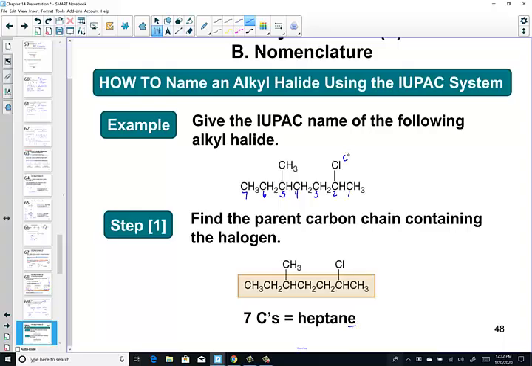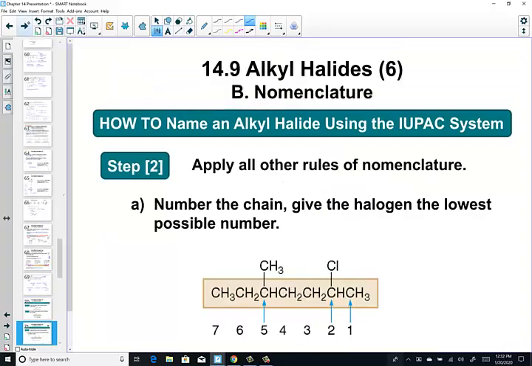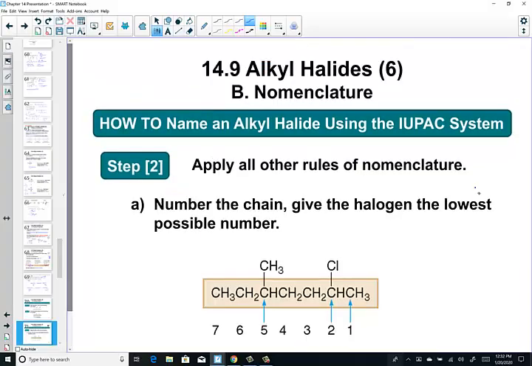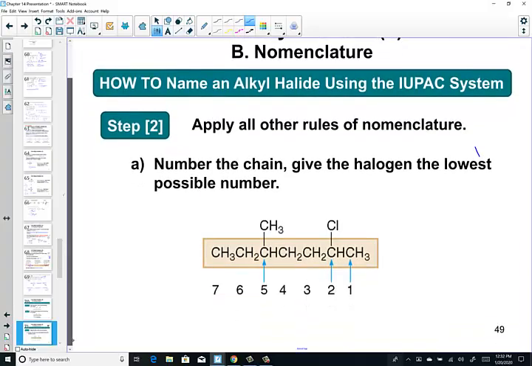At carbon 2, I see a chlorine. You're going to hear it called chloro as a substituent branch. And here is a branch with a 1 carbon, so we hear it called methyl. Alrighty, so I can see there's some branching coming off of a 7 carbon chain. Make sure the halogen has the lowest possible number; it receives priority over the other substituent carbons.